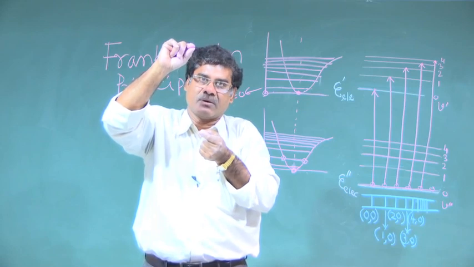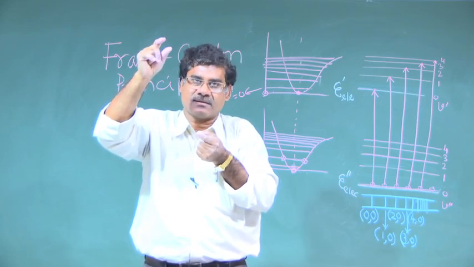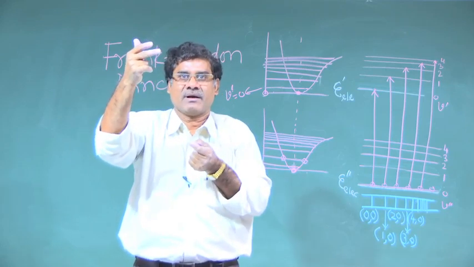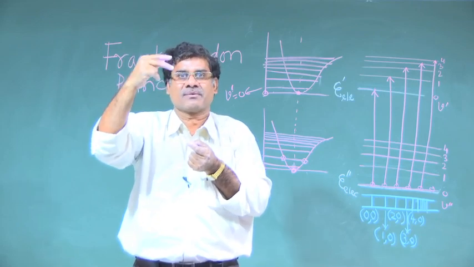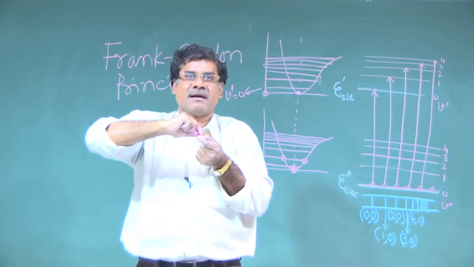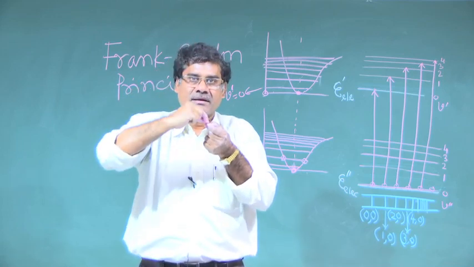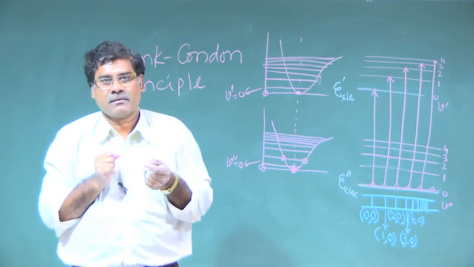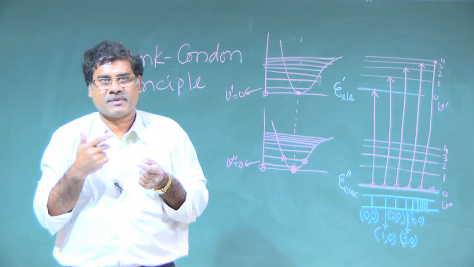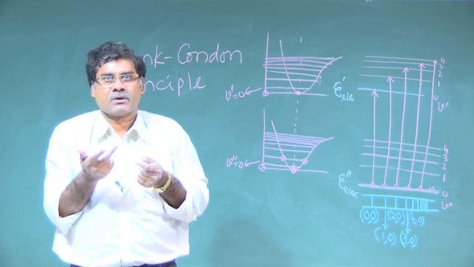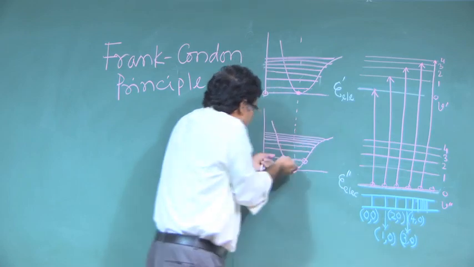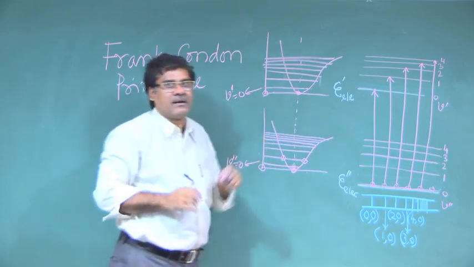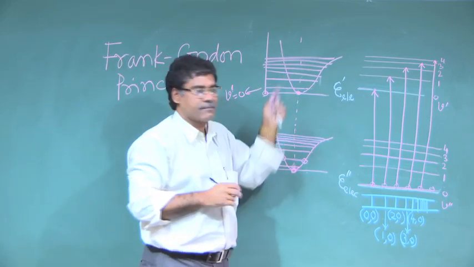The time to change to another vibrational state is longer than the sudden electron transition. The electronic transition is so fast that it will not see any change in the vibration. Whatever the position of the vibrational state is during the transition, it will see that one and go there, okay.